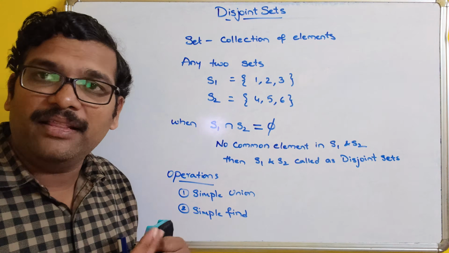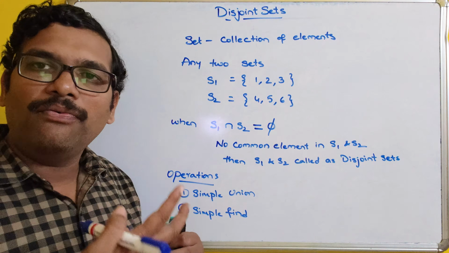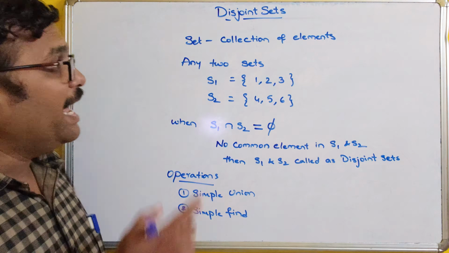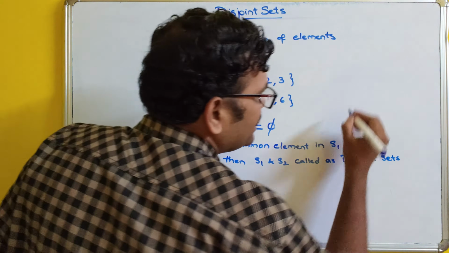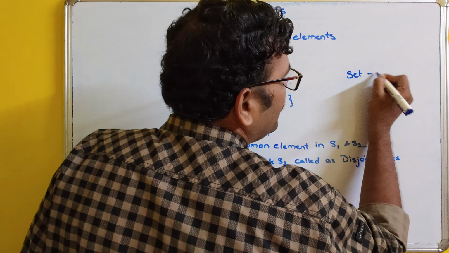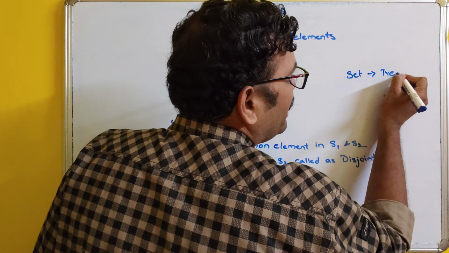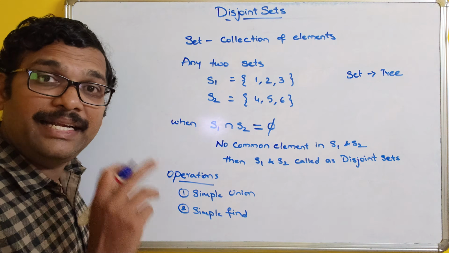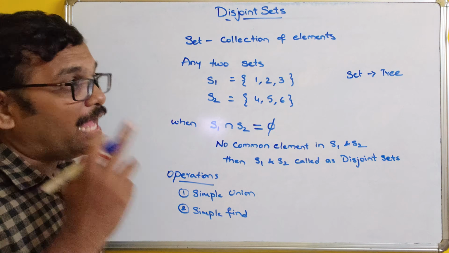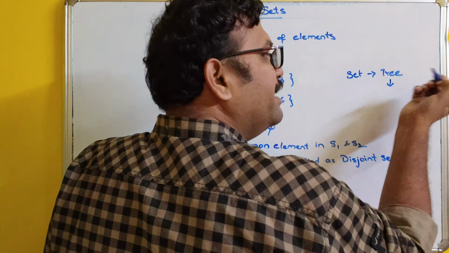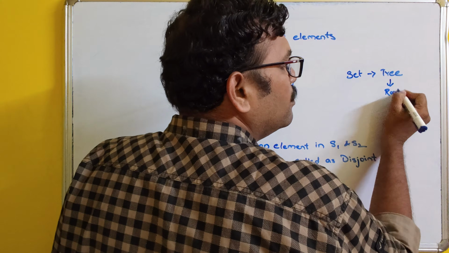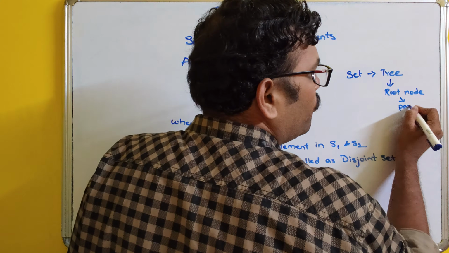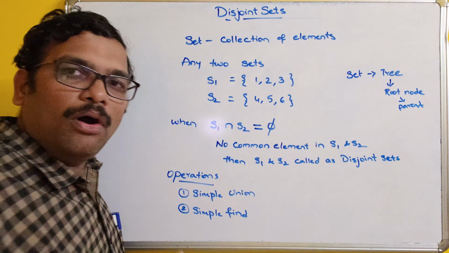So we need to find the parent of that particular element. Why are we calling it a parent? Any set can be represented in terms of a tree data structure. As it is a tree, definitely there will be a root node, and usually we can call this a parent node.